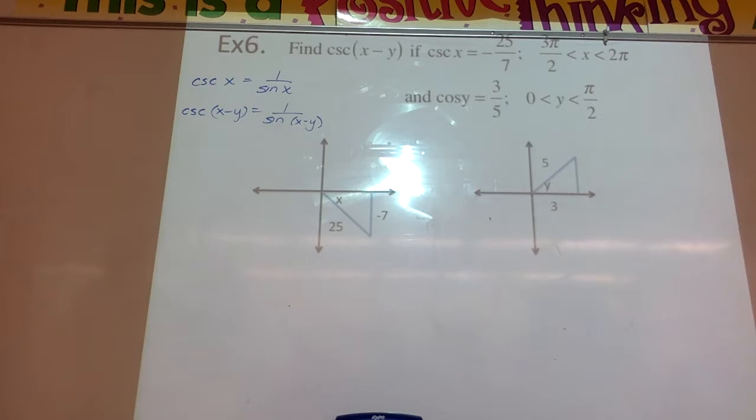So if I take a look, here are my two triangles. You can sketch those, please. My x triangle is in quadrant 4. My y triangle is in quadrant 1.